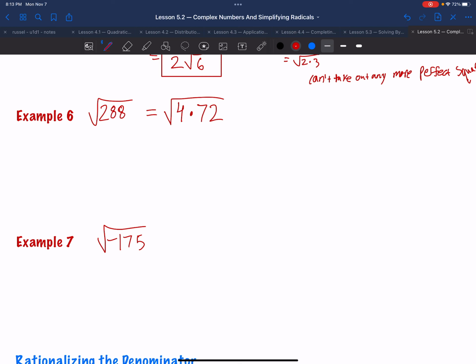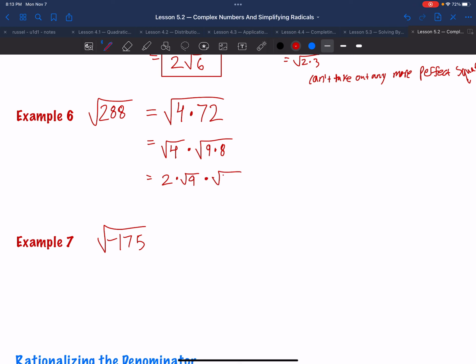Now, are there any perfect squares within 72? Yes, there's a 9. You could say that this is square root 4 times square root 9 times 8, because 9 times 8 is 72. So then this is the square root of 4, which is 2, times the square root of 9 times the square root of 8.